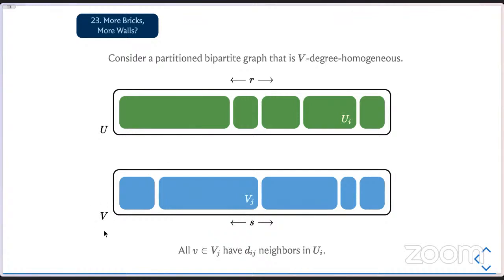And we already know, by what we just argued, that the graph we had built is actually a V degree homogeneous partitioned bipartite graph. And we want to say that, if that's the case, then R is at most S. I wish I could say that this is always true for these bipartite graphs.